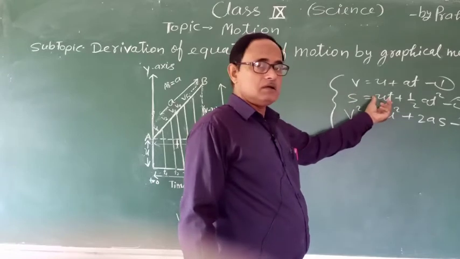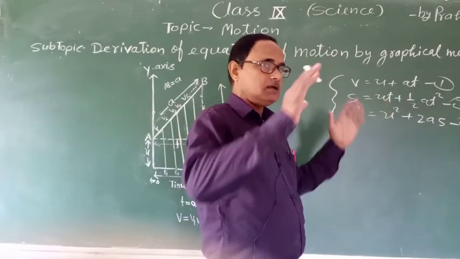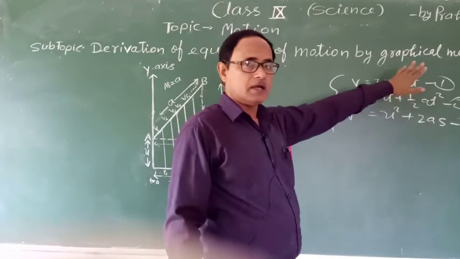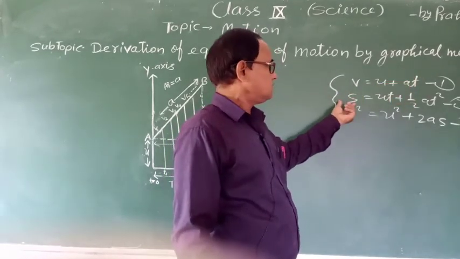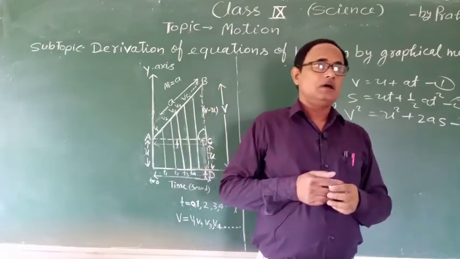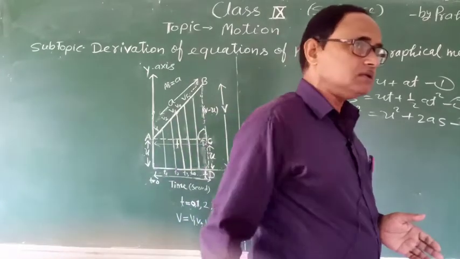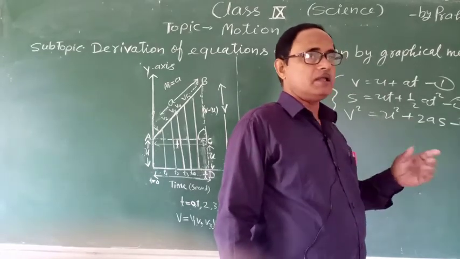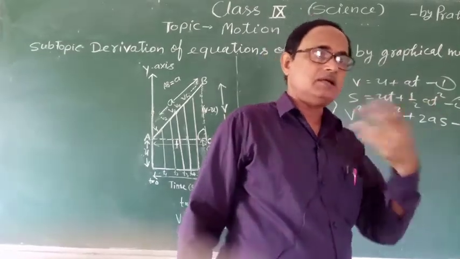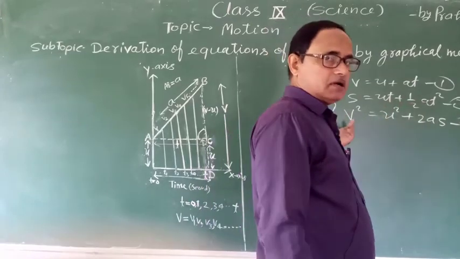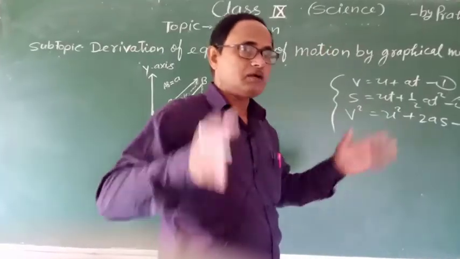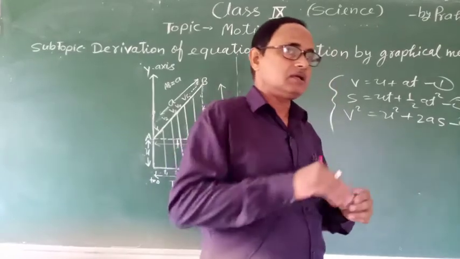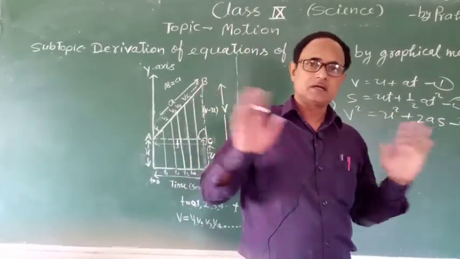When a body covers distance in one direction, that is known as displacement, a vector. But if it is not covered in one direction, that is known as distance.